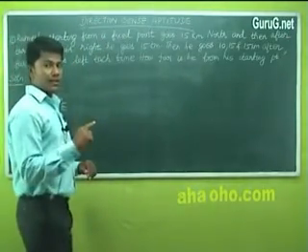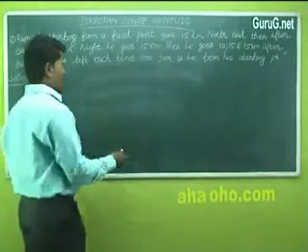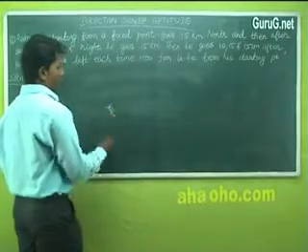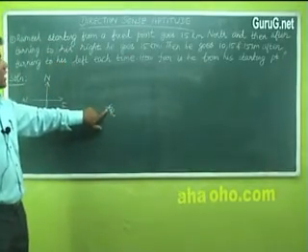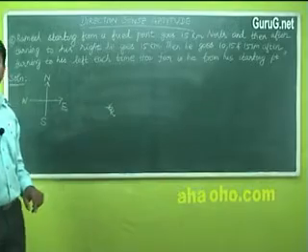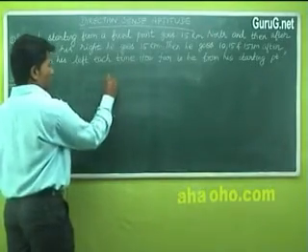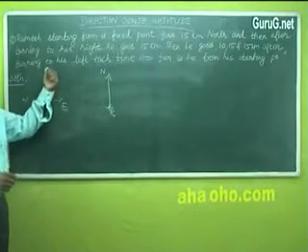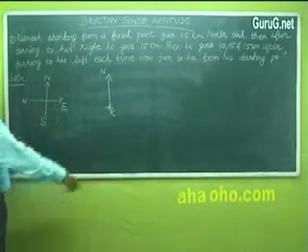As I said in the tip, mark the starting point and the ending point clearly. So this is your starting point. Ramesh starts from a fixed point and goes 15 kilometers north. North means going this side. With regard to this diagram, mark the position.